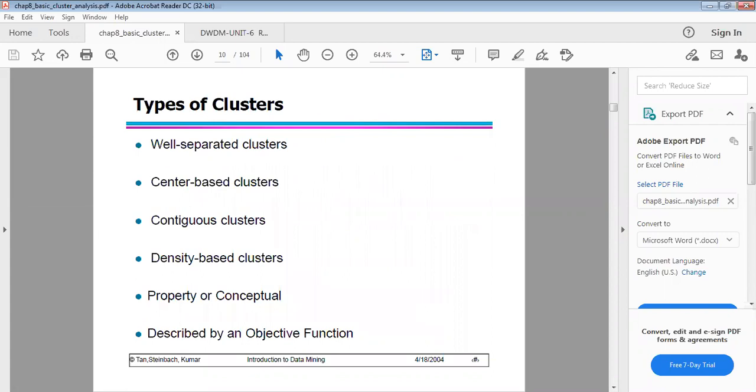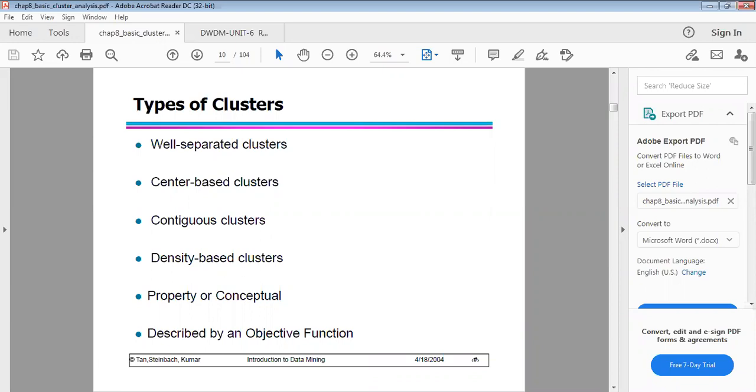Next one is types of clusters. Clustering means a group of clusters; a group of clusters is called clustering. What is a cluster? A cluster is a group of data points.